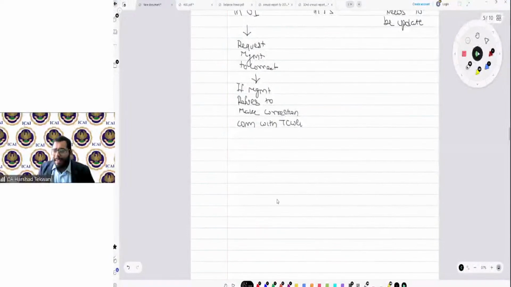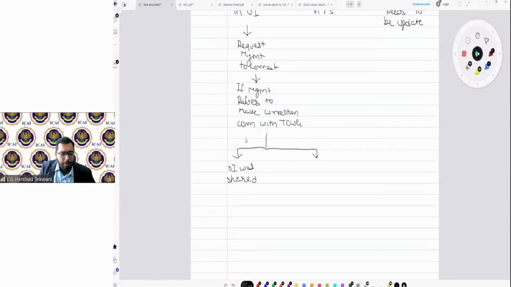And there are two situations. I could have got the other information before, or I could have got the other information after. Now, if other information was shared before the audit report, and management refuses to make the correction, it means the material misstatement is present.